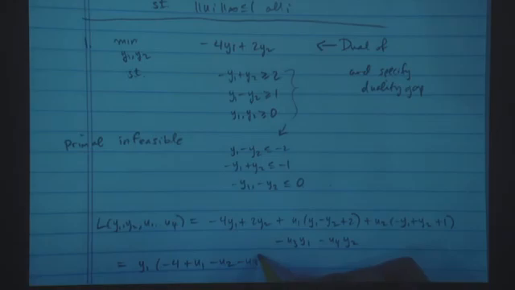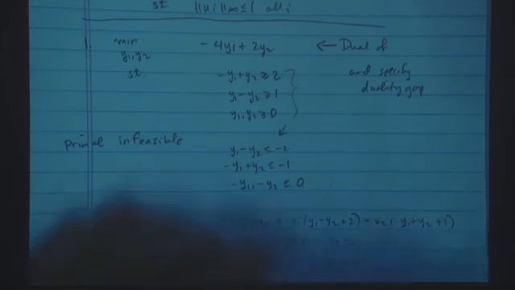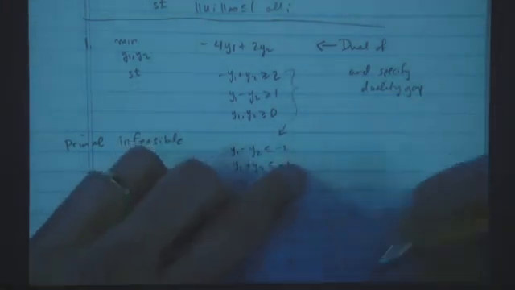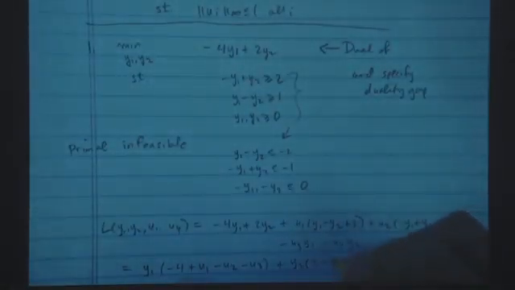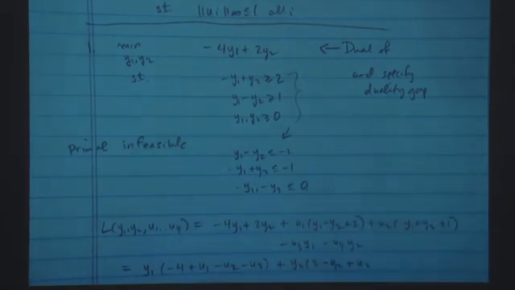And that's it. And then I have all the terms that multiply Y2. I get 2 minus U1 plus U2. Sorry, this is supposed to be U1 and U2. And I get minus U4.